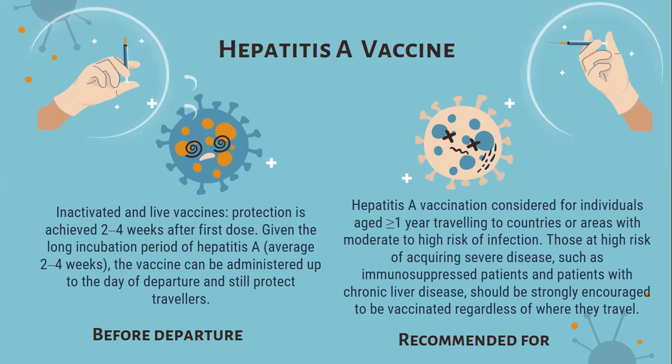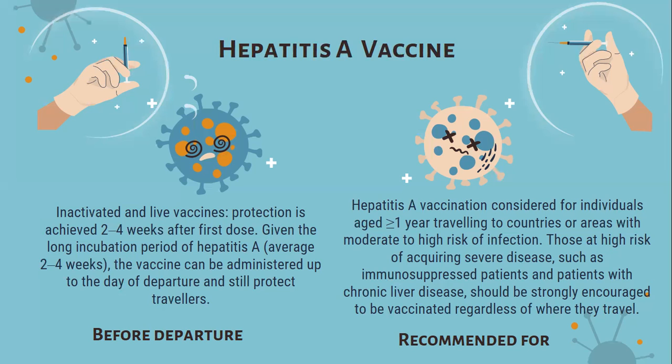So next is the recommendation. It is recommended to take a shot of this hepatitis A vaccine for individuals aged 1 year or older traveling to countries or areas with moderate to high risk of infection.